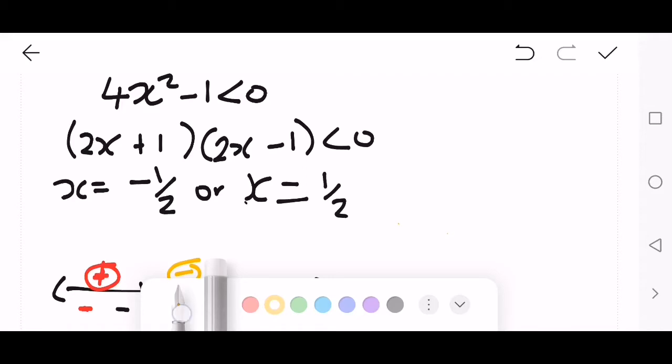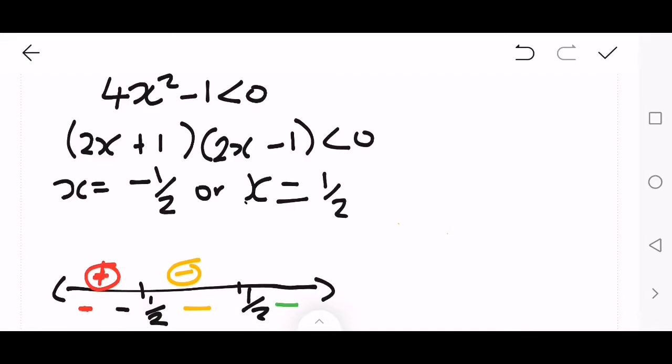And now we will need a number from here. So we can take 1.